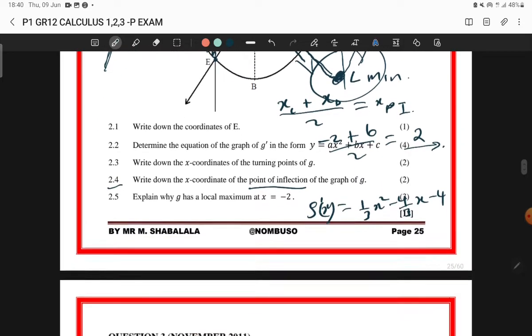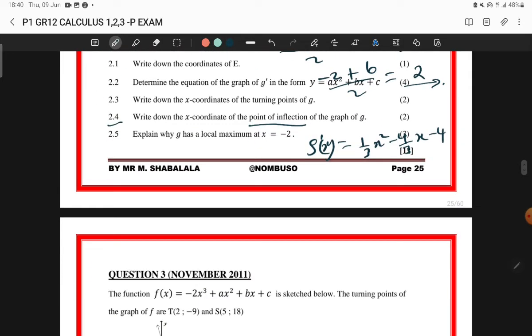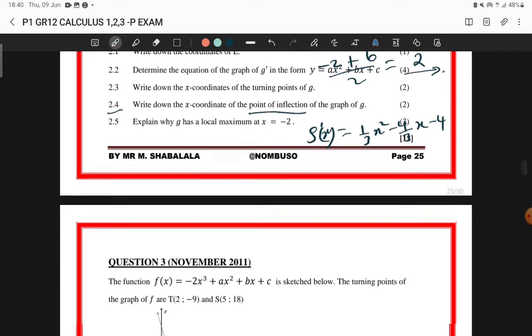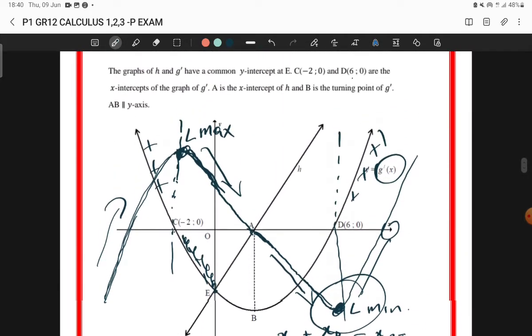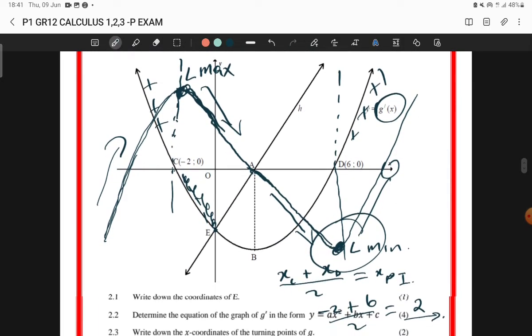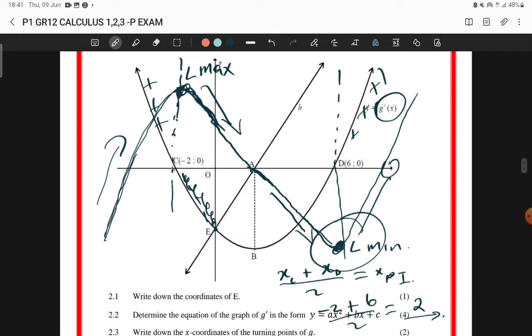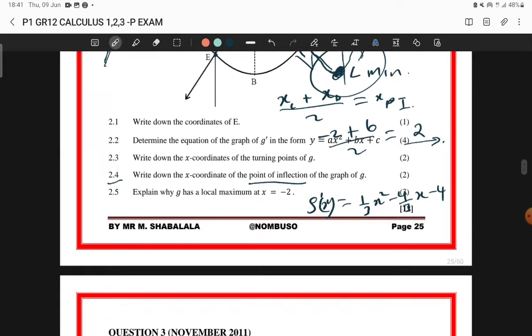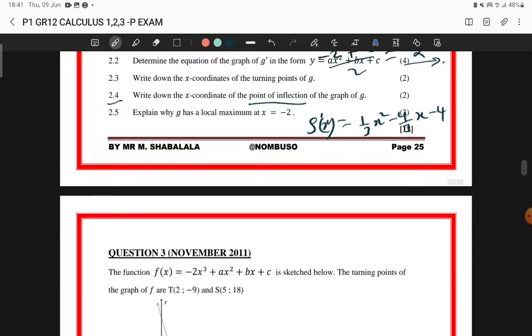So this is how you can judge it when you don't have the original function. We are done with this question. We managed to use the derivative to find some parameters of the original function, that is the cubic function.